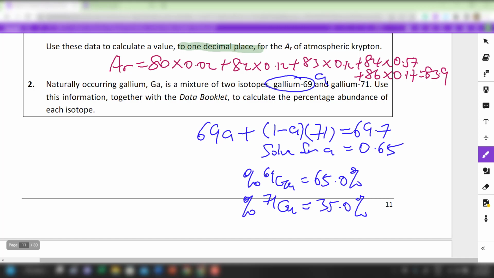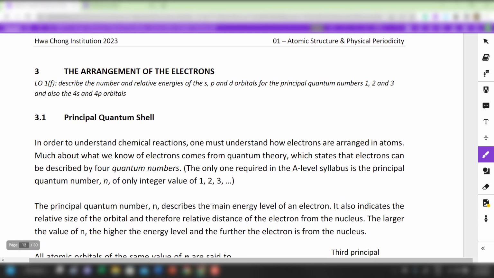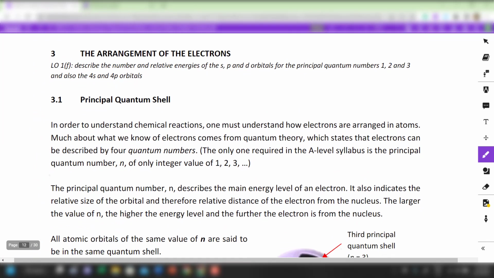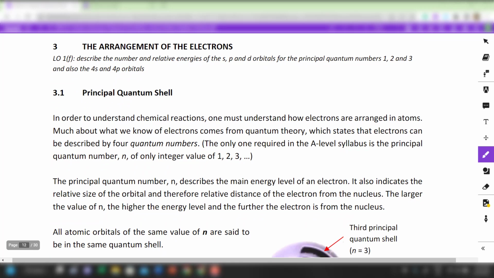Okay, that's it. We'll move on to the next section, which is a little bit more exciting. That is on electronic configuration, or as the title suggests, the arrangement of the electrons. Before I discuss section 3, I thought it would be timely to share that for H2 Chem, we are only discussing this on the surface.